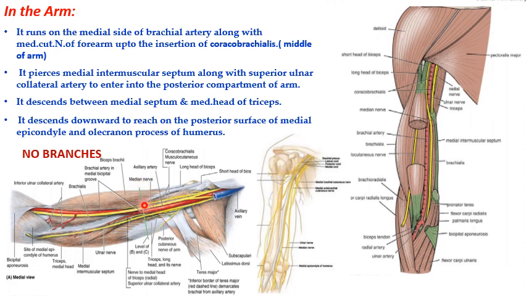So roughly at the middle of the arm, there are so many events that are occurring. So here, as we're concerned with the ulnar nerve and the relations, one is the insertion of the coracobrachialis. Number 2 is the medial cutaneous nerve of forearm piercing the deep fascia and becoming cutaneous.